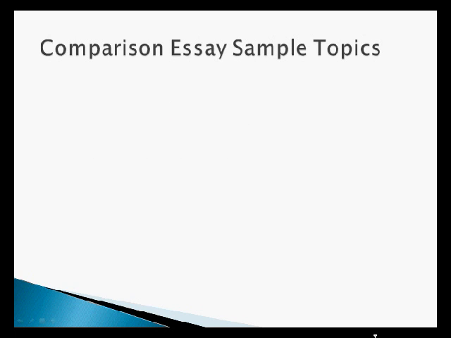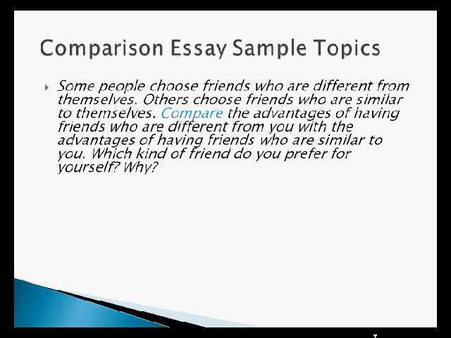So again, let's look at some sample topics. Some people choose friends who are different from themselves. Others choose friends who are similar to themselves. Compare the advantages of having friends who are different from you with the advantages of having friends who are similar to you. Which kind of friend do you prefer for yourself, and why?